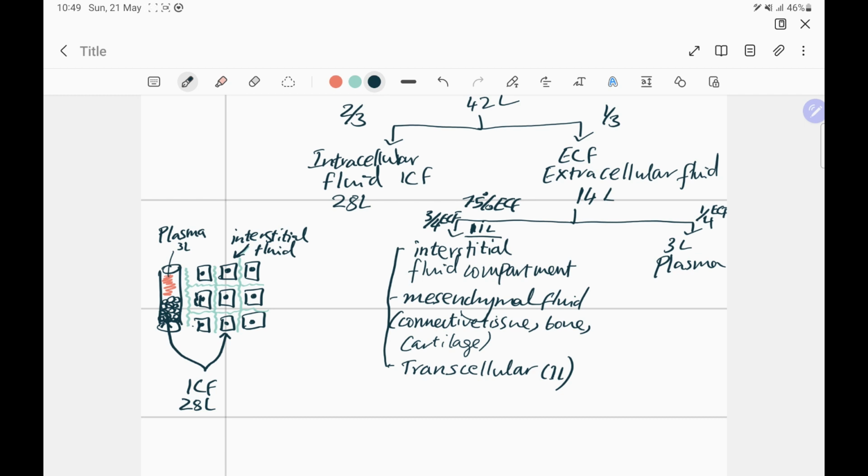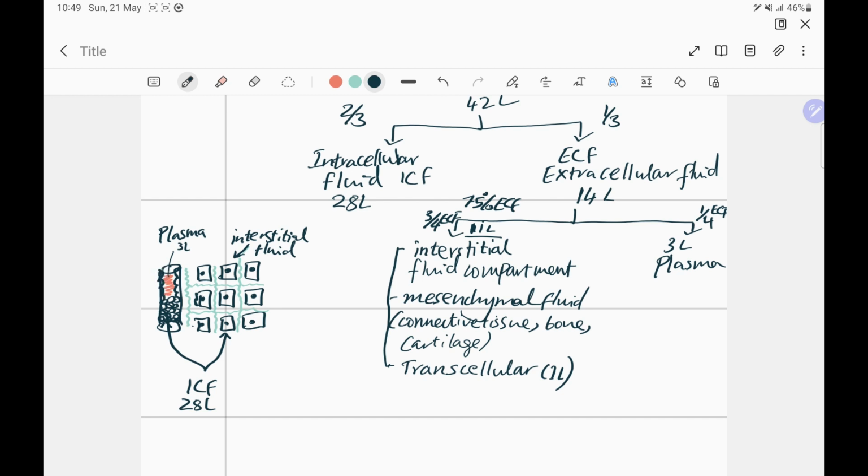But in a way, if you look at it, plasma and interstitial fluid both make up ECF, and certain changes in plasma immediately get manifested even in the interstitial fluid, because they're quite close to each other. There's a very thin capillary membrane, that is endothelial membrane, that's separating plasma from interstitial fluid.